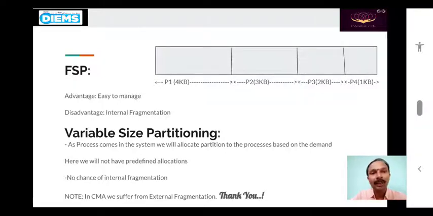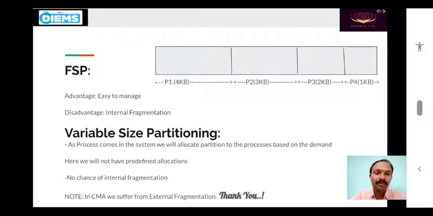Here it is not happening, right? Depending on the size, we are creating the partition. So you can observe the difference between the previous diagram and this diagram. The types of contiguous memory allocation scheme, that is fixed size partitioning and variable size partitioning, should now be very clear to us.